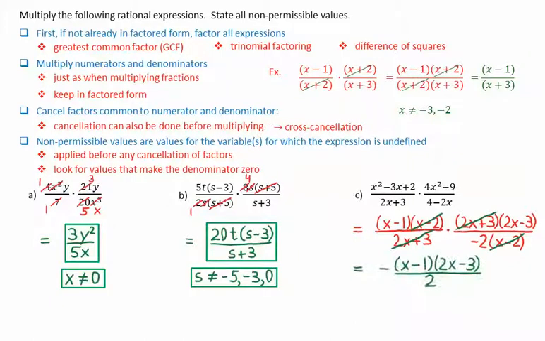This gives a result of negative x minus 1 times 2x minus 3 over 2, and non-permissible values of negative 3 over 2 corresponding to the 2x plus 3 being equal to 0, and x cannot equal 2, that corresponds to x minus 2 being equal to 0.